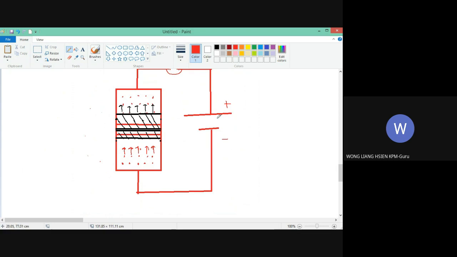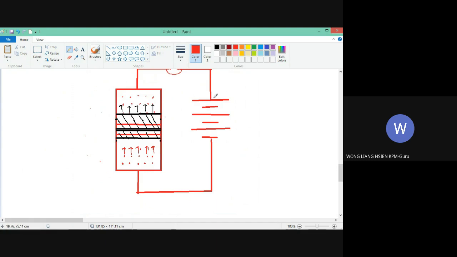So this can be a strong power source. And then over here, even though we connect to a strong power source, the electron still cannot pass through.